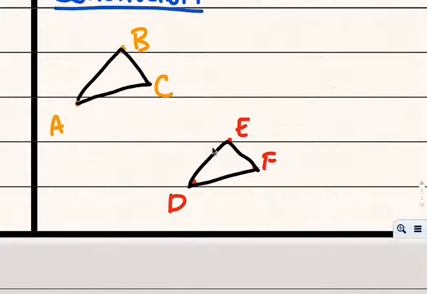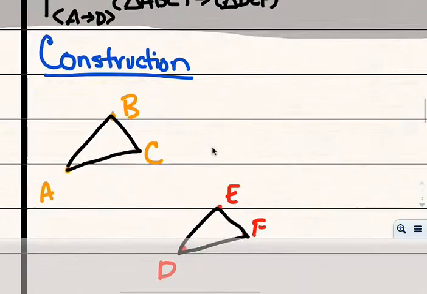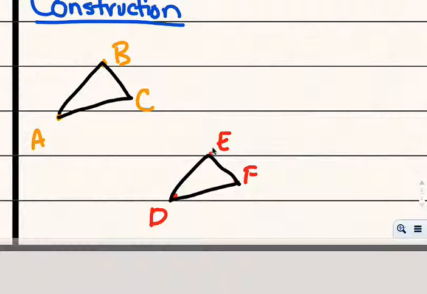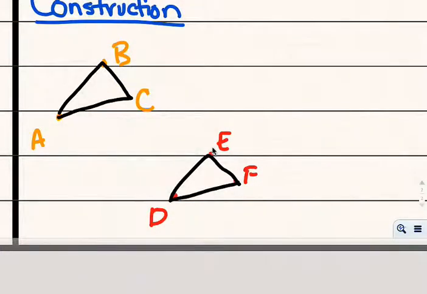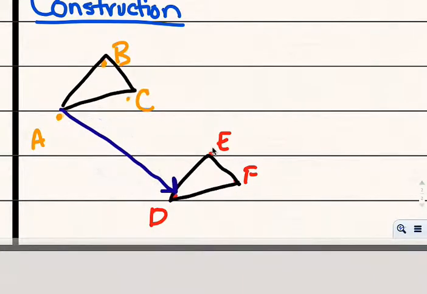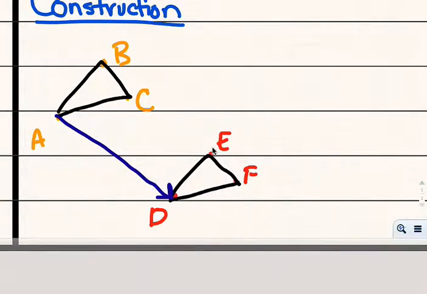Well, this goes back to this idea of vectors, which is just a direction, the magnitude of travel. If A has to travel to D, doesn't it stand to reason that all points have to travel in a similar manner? What I mean is this. If I'm defining this to be my vector of travel from A to D, and I want to keep these shapes absolutely the same, then every single point has to travel in the exact same manner.